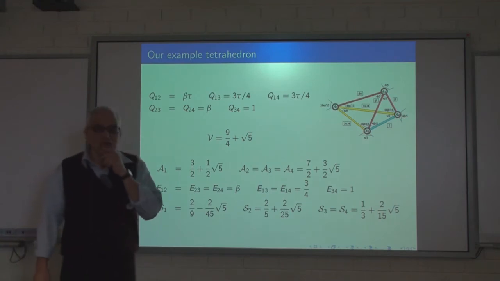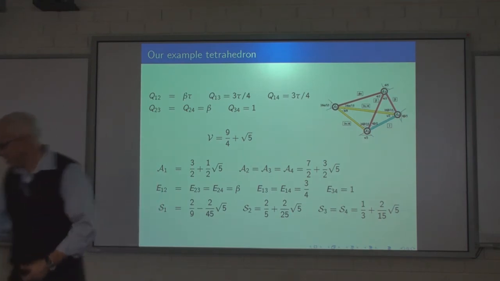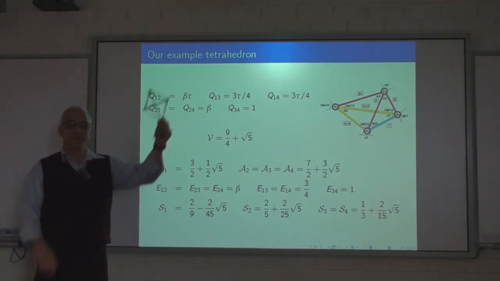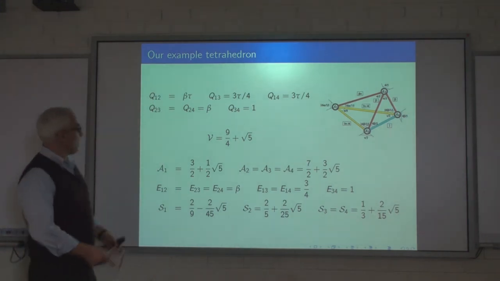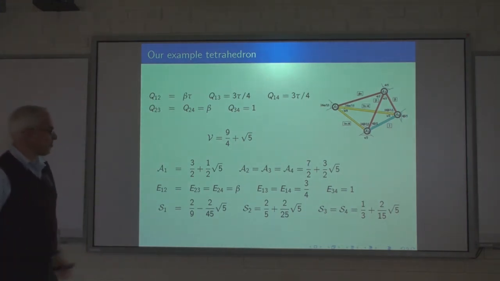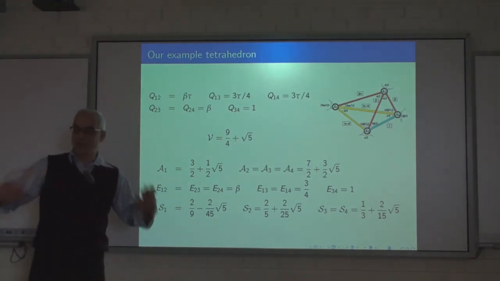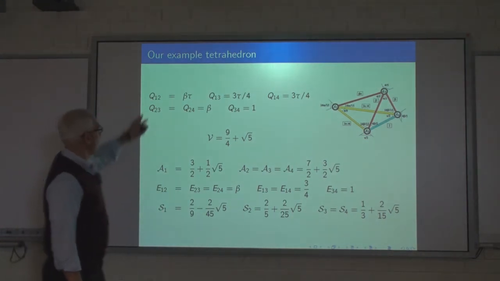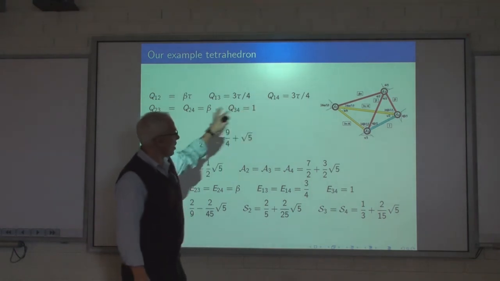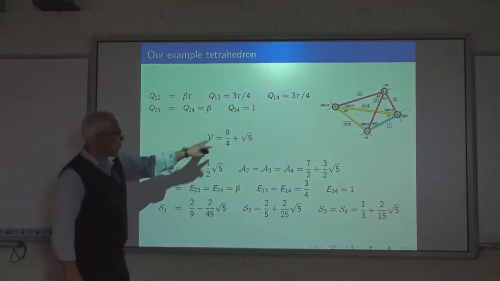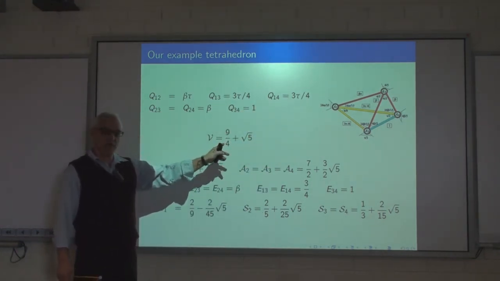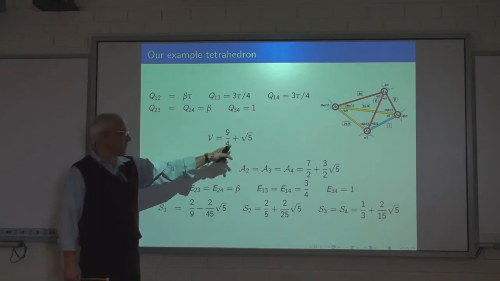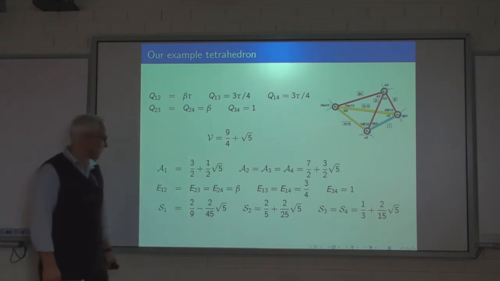Okay, so let's return to our tetrahedron that we had a look at to begin with, that one there. We're now in a position to use those formulas to write down so we can see what these things look like. What do we actually get? Well, here are the various quadrances. We wrote those down before. The quadrume, 144 times the volume squared, is 9 over 4 plus root 5.